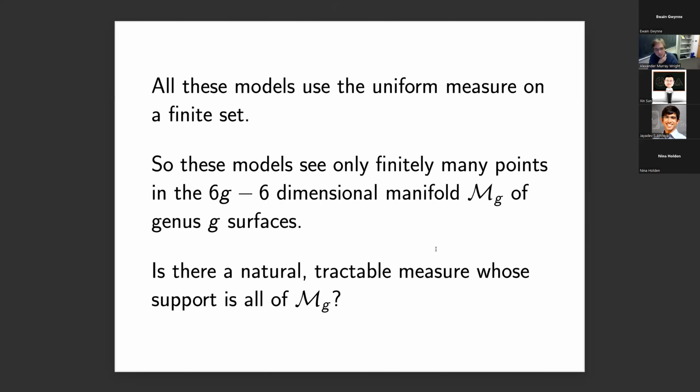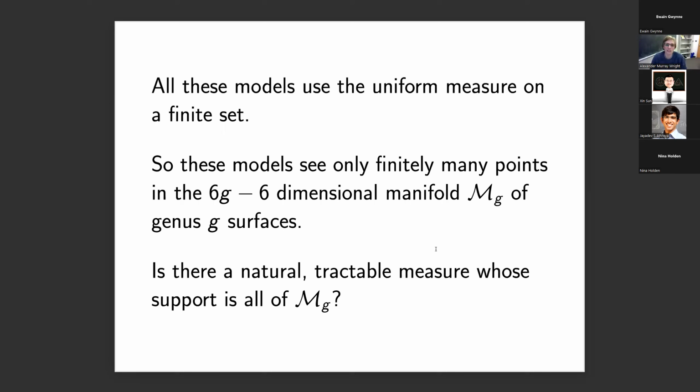So one thing to realize is that all of these models do use a uniform measure on a finite set. For example, if you pick a base surface and look at degree D covers, there's finitely many. And I think that's what led people to them: if you're looking for a random model, it's natural to restrict your attention to a finite set of surfaces and then pick uniformly from them.